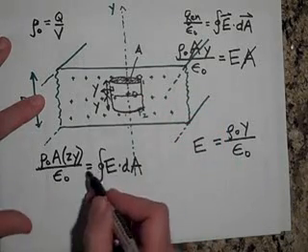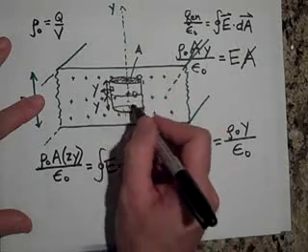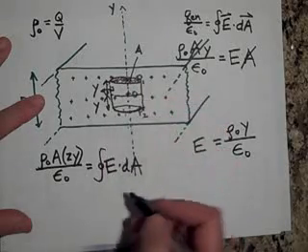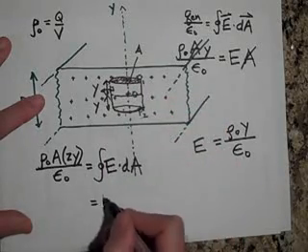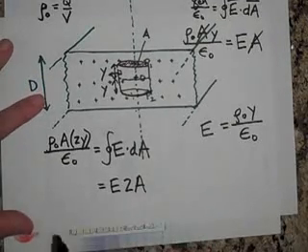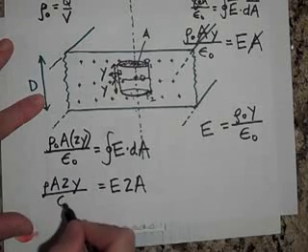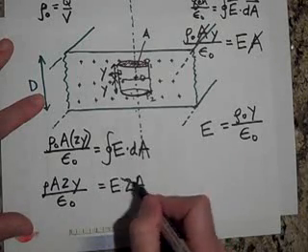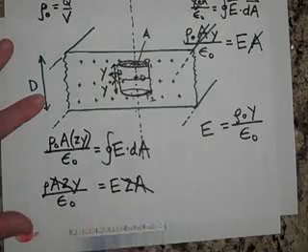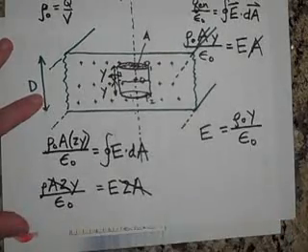So when I pull the E out, because E is the same here as up there, there's only flux out the top and the bottom, and adding up both A's, I get E times 2A. That's equal to rho naught A 2y over epsilon naught. I'm going to get rid of the 2A and the A 2. And as you see, we're left with the same equation.